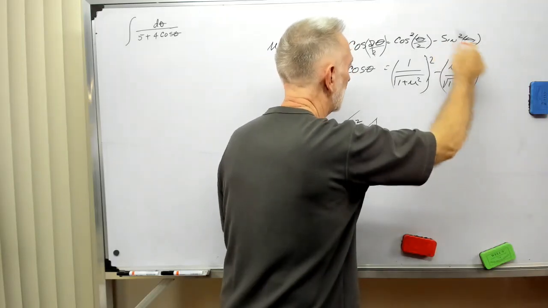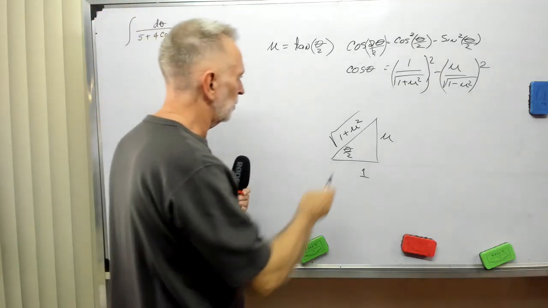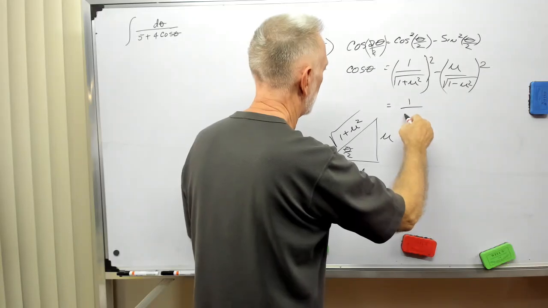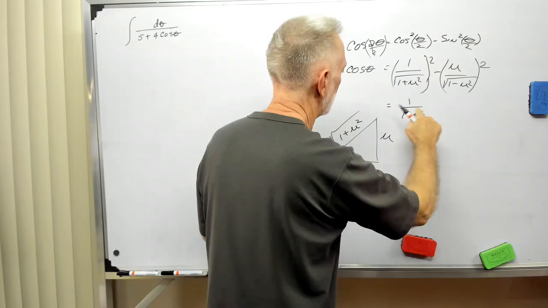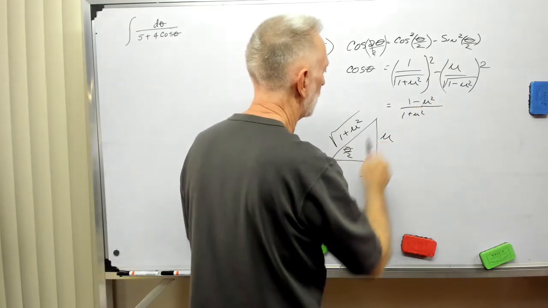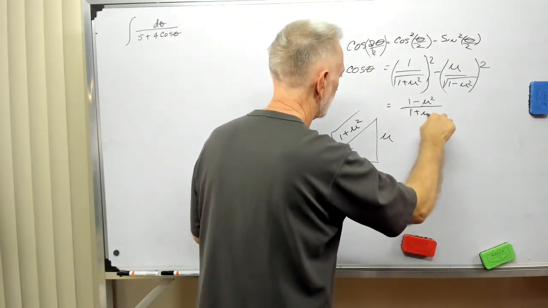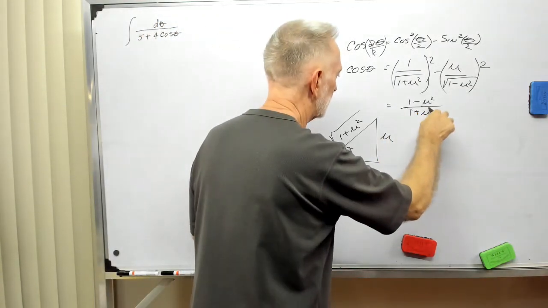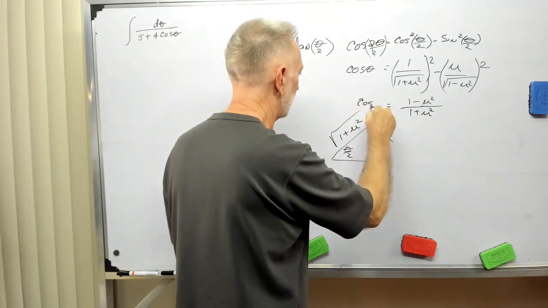And again, it's sine squared, so we're squaring that. All right, so when I square those, the radical sign drops off, so I have 1 plus u squared, and I have the same denominator. So it's going to end up 1 minus u squared over 1 plus u squared. So that is cosine theta.